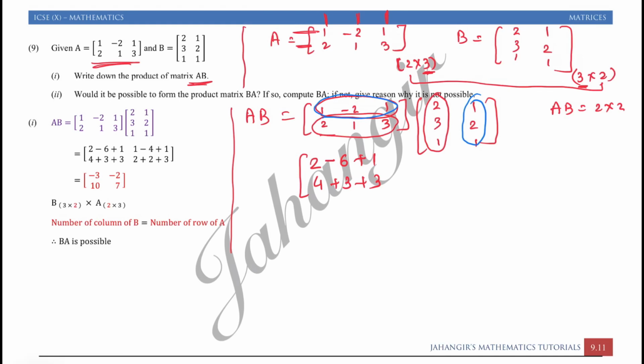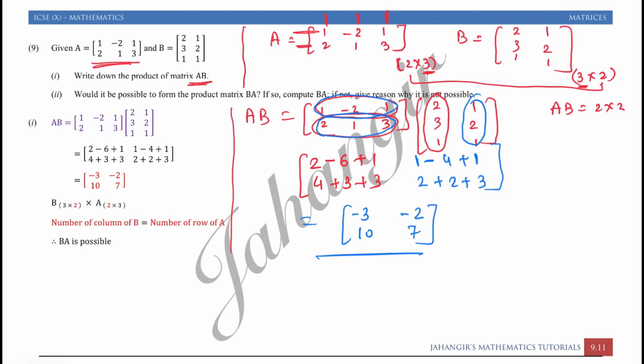First row second column: 1 1s are 1 minus 4 plus 1. Then second row second column: 2 1s are 2 plus 2 1s are 2 plus 3 1s are 3. So writing this, what will you get? 2 minus 6 minus 4 plus 1 minus 3, 10. 1 plus 1 2 minus 2, 4, 6, 7. Okay, here I got this.